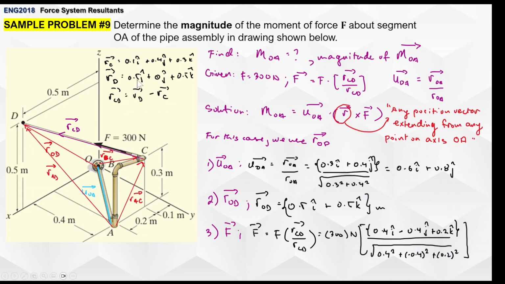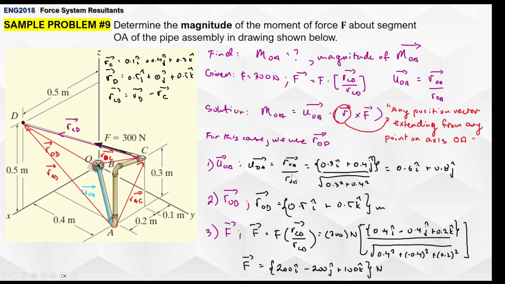So you would get 0.5 minus 0.1 is 0.4i, 0 minus 0.4 is negative 0.4j, and then plus 0.5 minus 0.3, that's 0.2k. And the simplified version of this, your force in Cartesian vector notation is 200 i hat minus 200 j hat plus 100 k hat newtons.